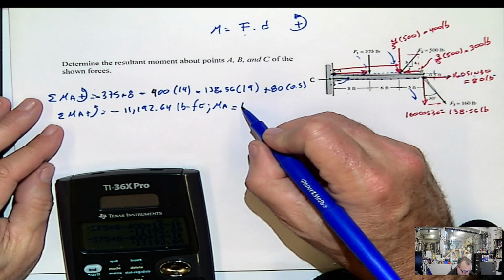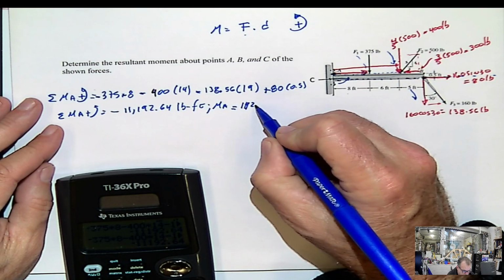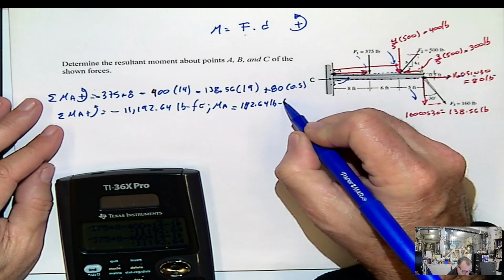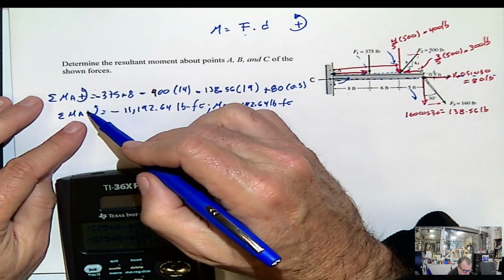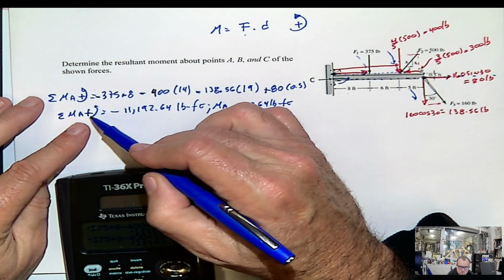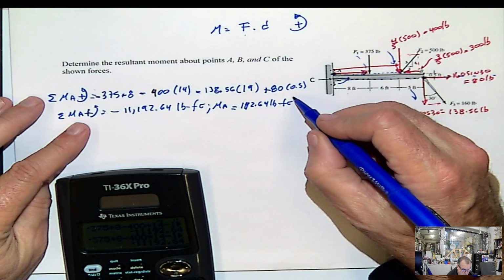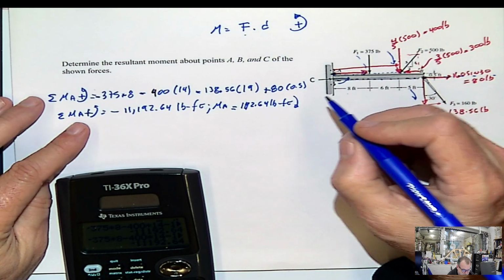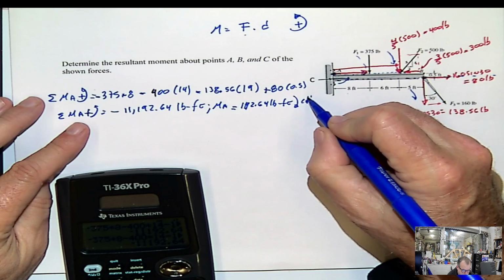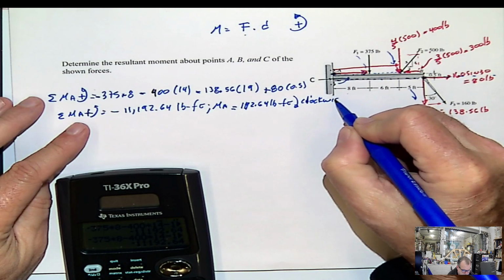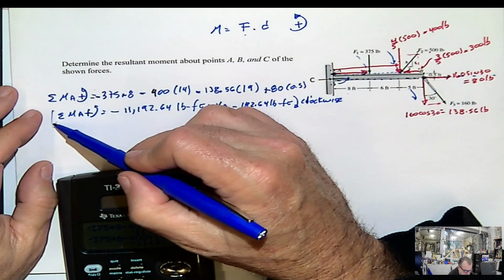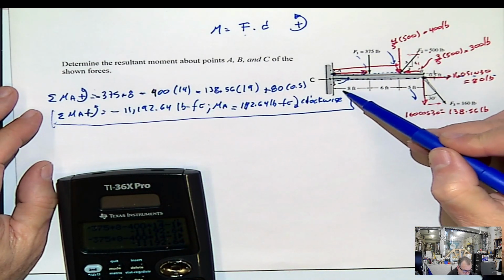I'm going to keep it in pounds, 11192.64 pound-feet. Now, I assumed counterclockwise as positive and I got a negative sign. That means the correct direction is clockwise. And that would be the first answer, clockwise.